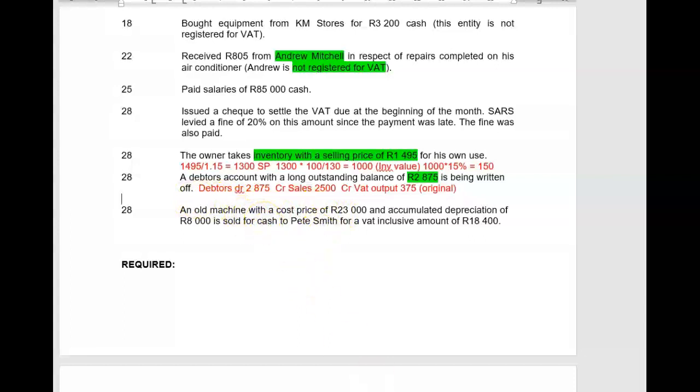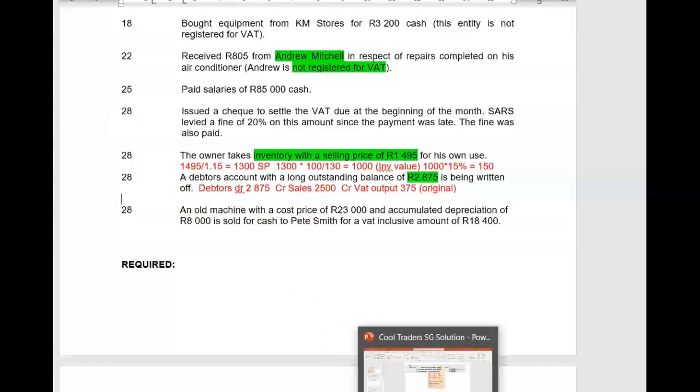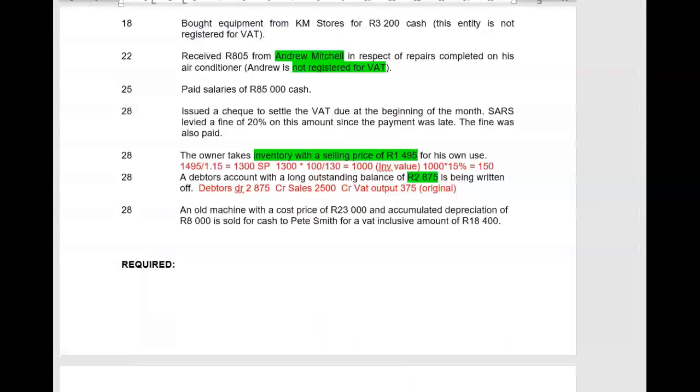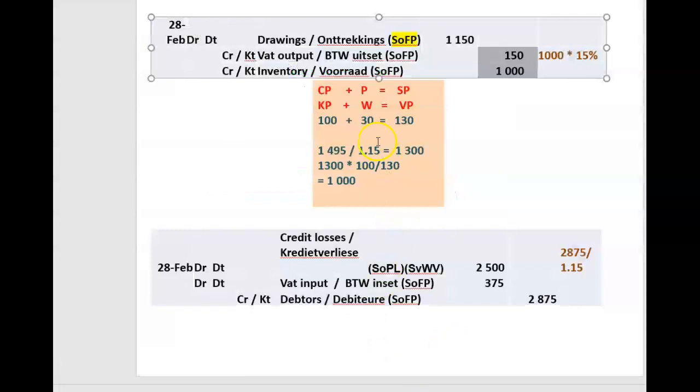Listen carefully. I don't understand bad debts. I only understand credit losses. So I'm going to debit an expense account credit losses, statement of profit or loss, with a VAT exclusive amount of 2,500 Rand. I'm going to claim back the VAT that I've originally paid over to the receiver of revenue. So VAT input, 375.